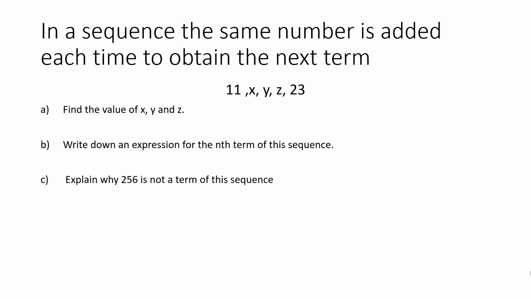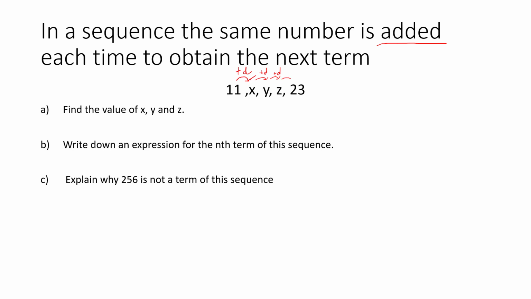So first thing is, you know that number pattern, right? From 11 to x, it is plus d. Because this question said added, so we plus. From x to y, we plus d again. From y to z, we plus d again because it's a common difference.